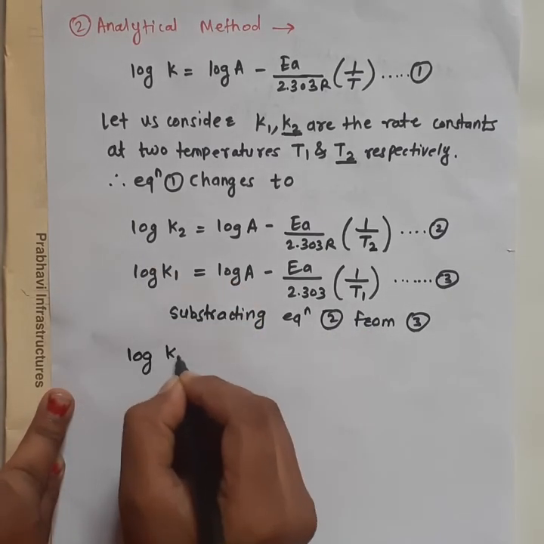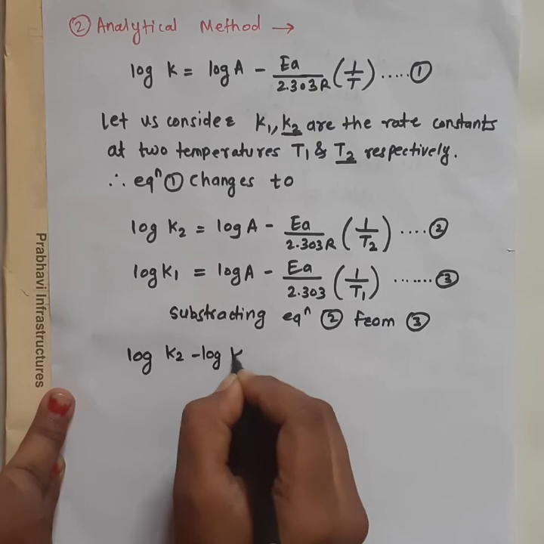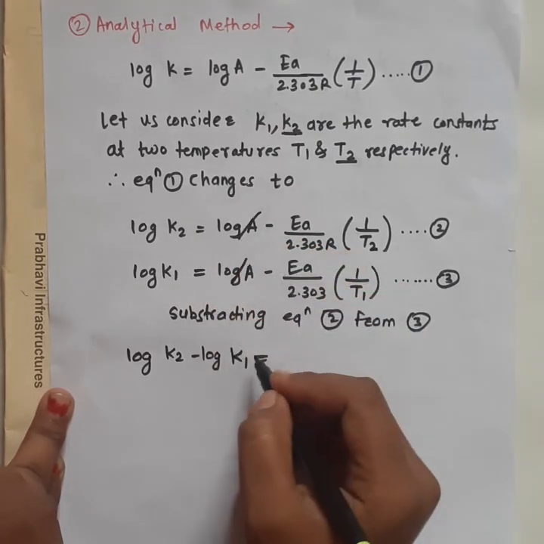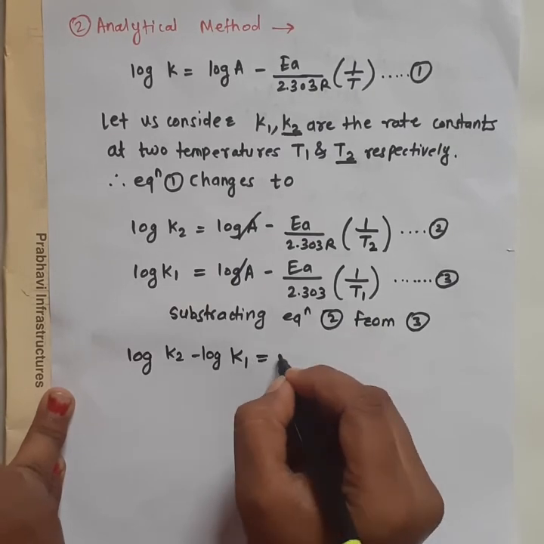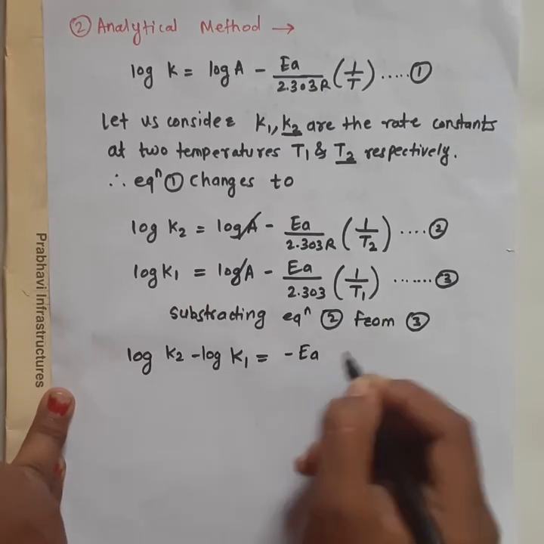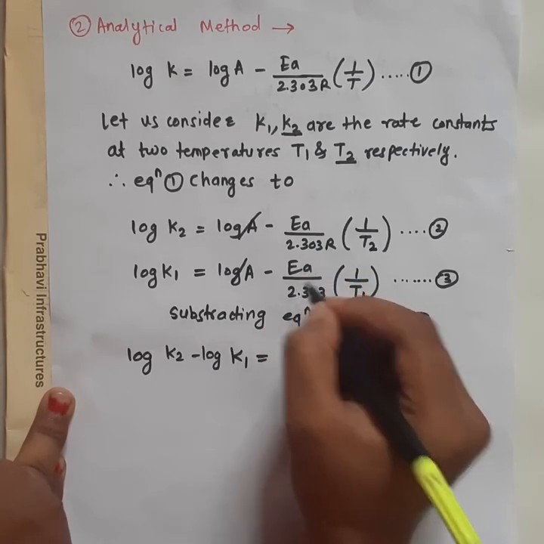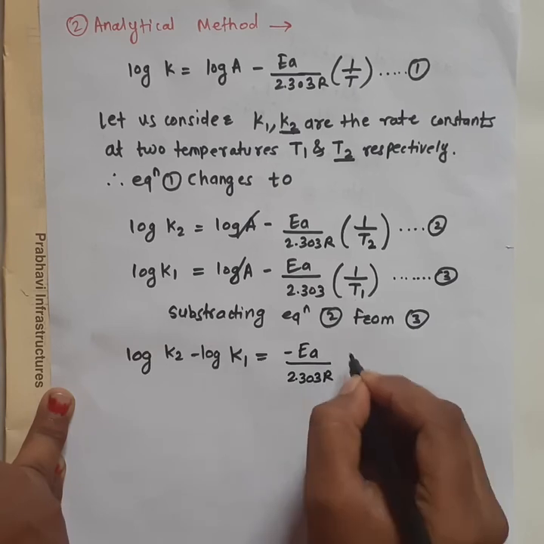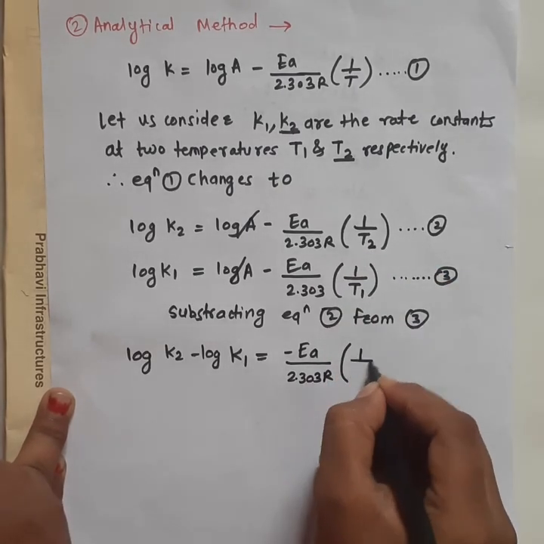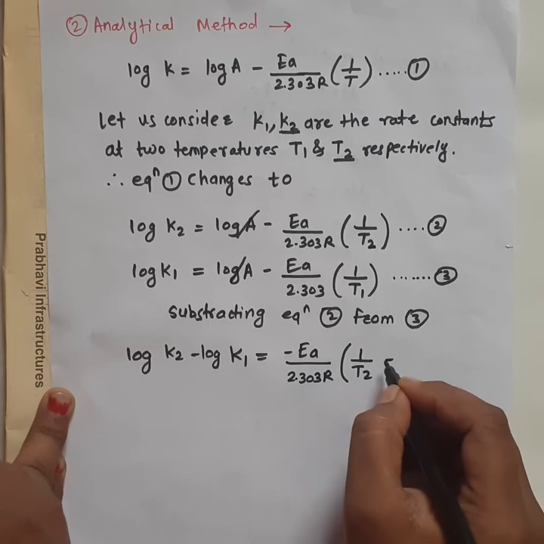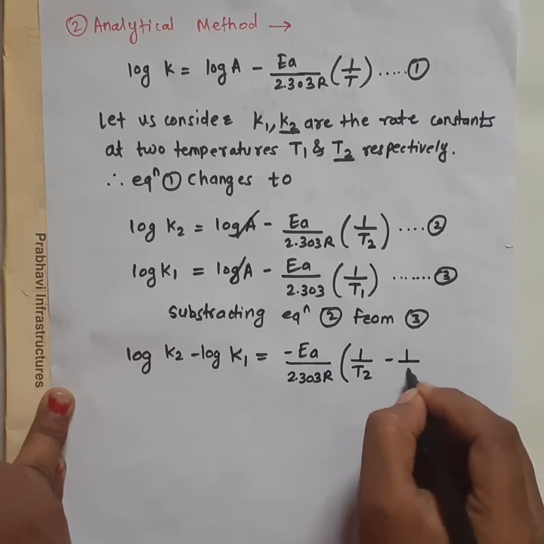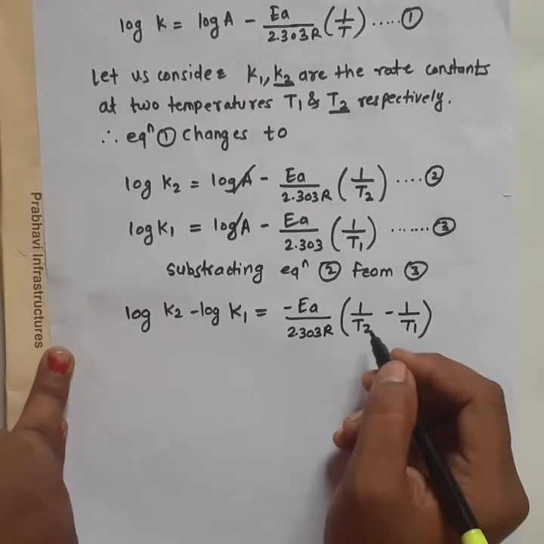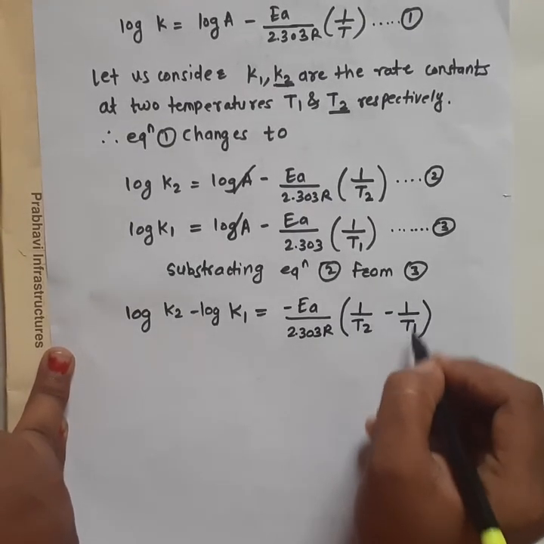Log of K2 minus log of K1 is equal to, this log A gets cancelled, minus EA upon 2.303 R, this is common, into bracket 1 upon T2 minus 1 upon T1.